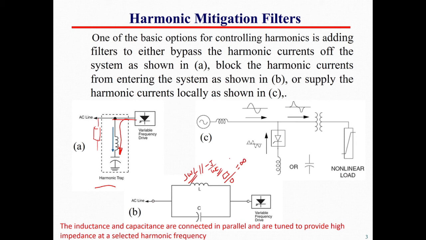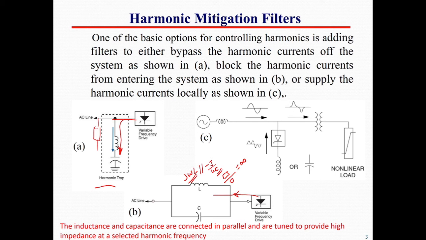So if we have a filter designed in this way, it will not allow the harmonic current to go through, because at that particular frequency, the impedance of the filter will be just like an open circuit.